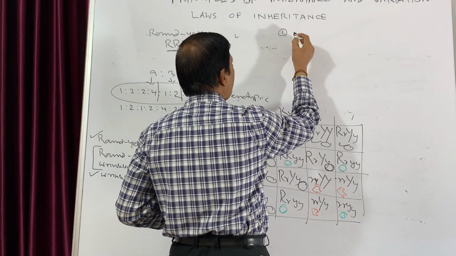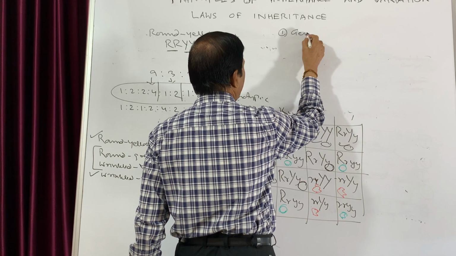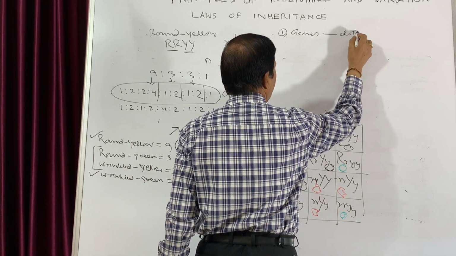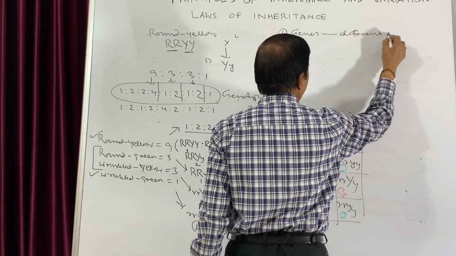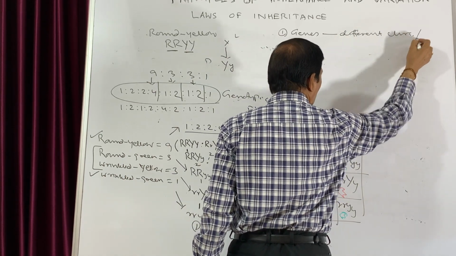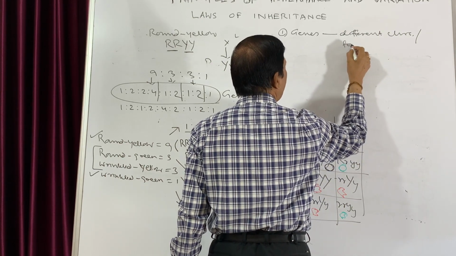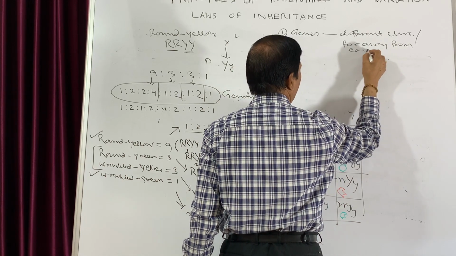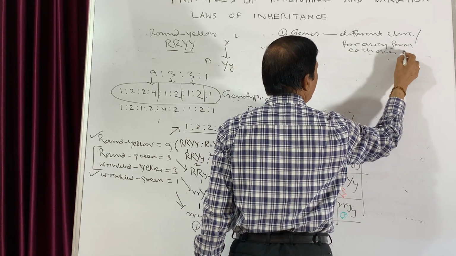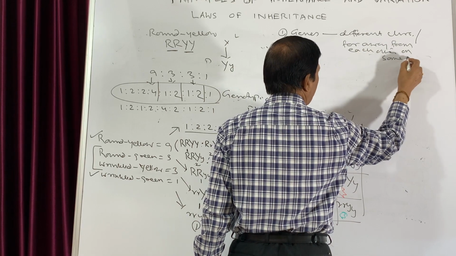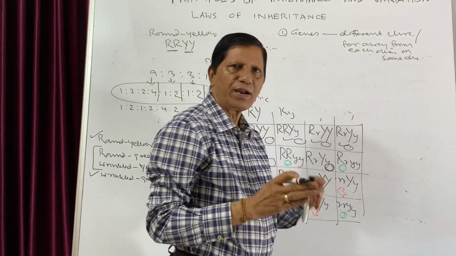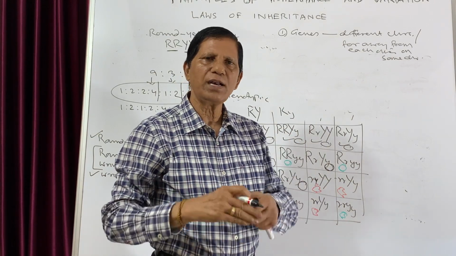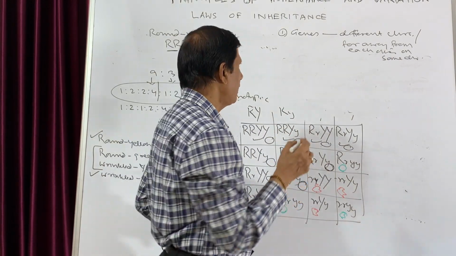That means the genes are present in different chromosomes or far away from each other on the same chromosome. If they are far apart on the same chromosome, there can easily be crossing over or recombination, or else they may be present in different chromosomes. That is one important point.